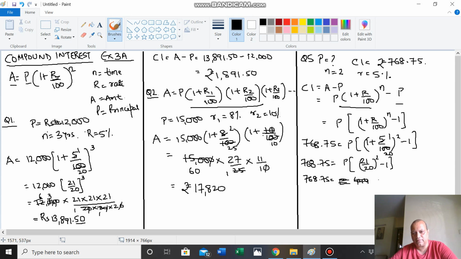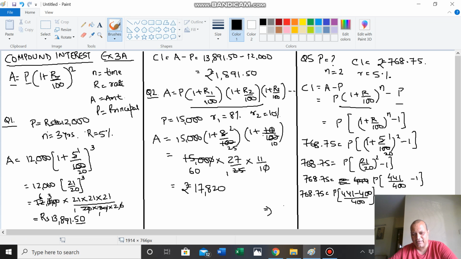I will rewrite it. P times, 21 square is 441, 20 square is 400, minus 1. So 768.75 is equal to P times (441 minus 400) upon 400.